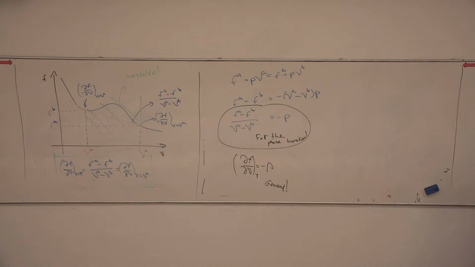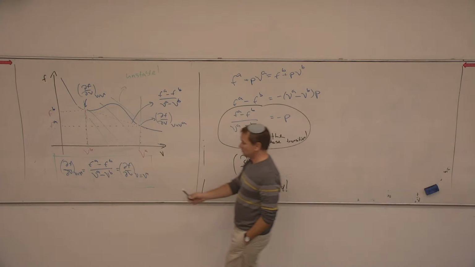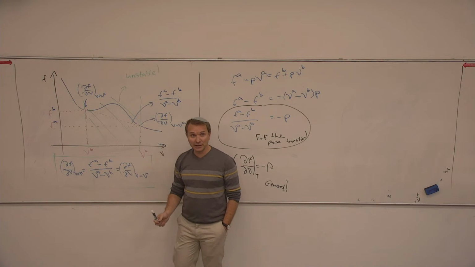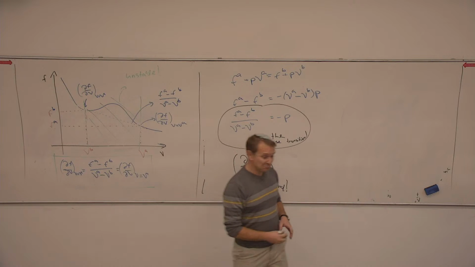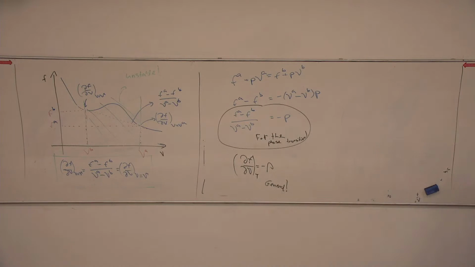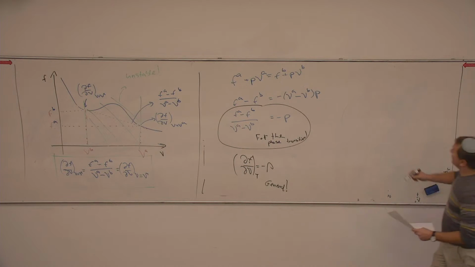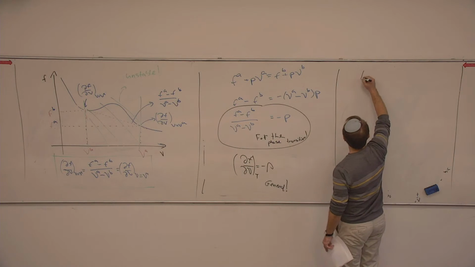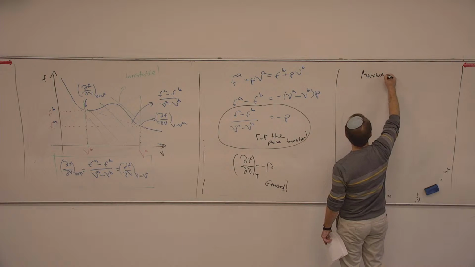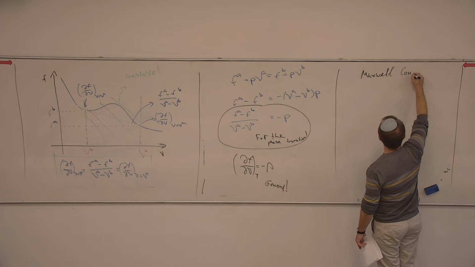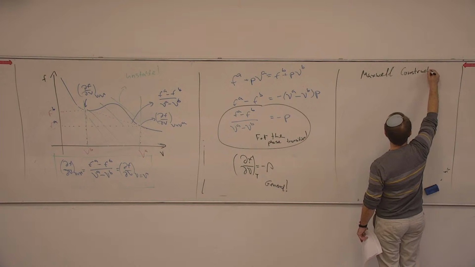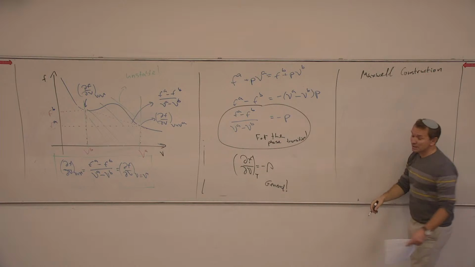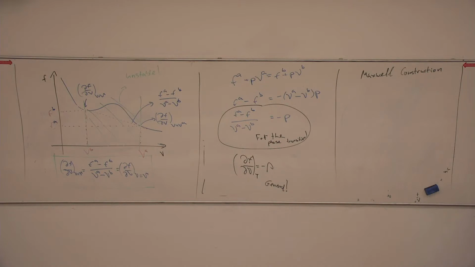Okay, so what I'm trying to do is to make these criteria of a phase transition look a little bit nicer and a little bit more applicable. Maxwell construction. This is the same Maxwell from electromagnetism.